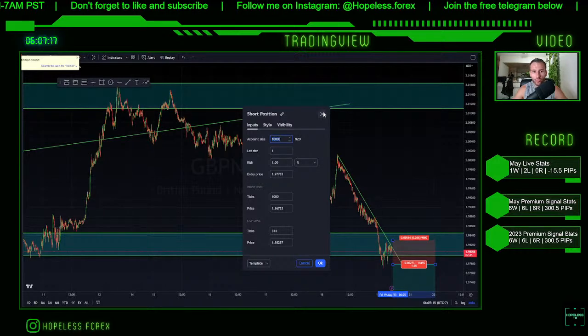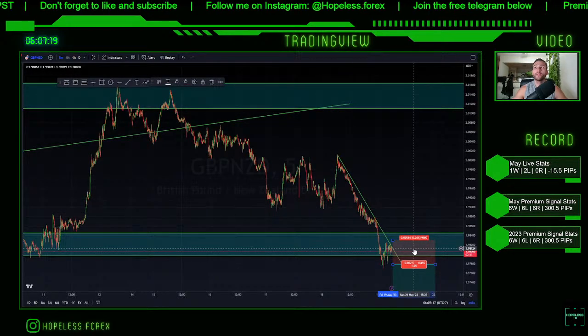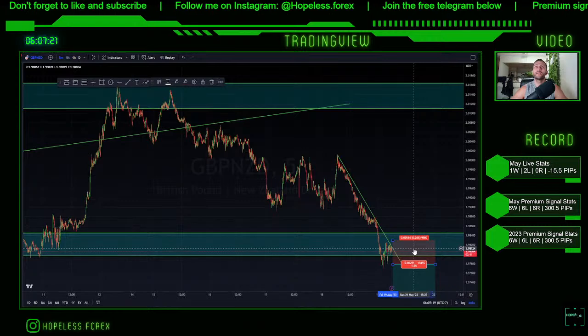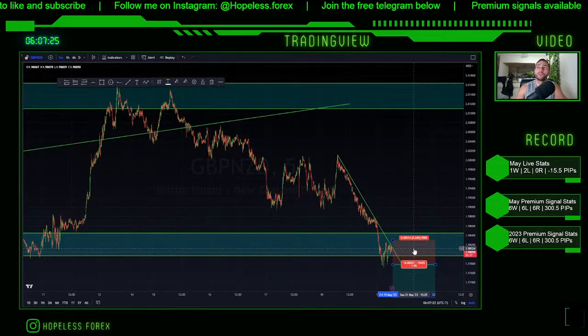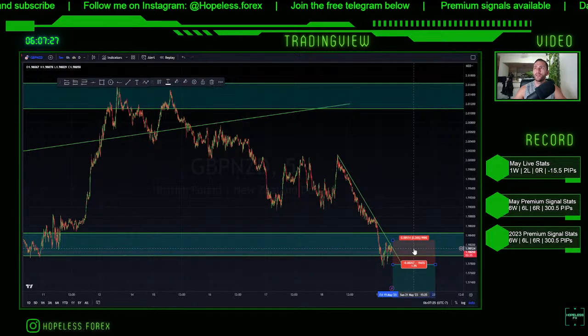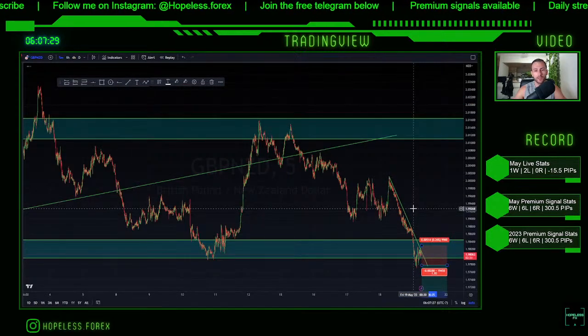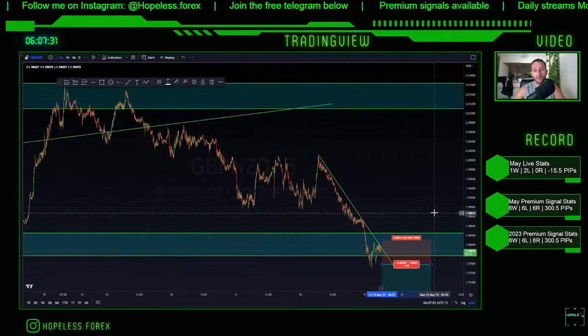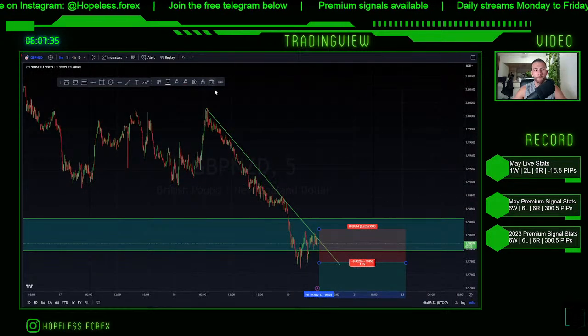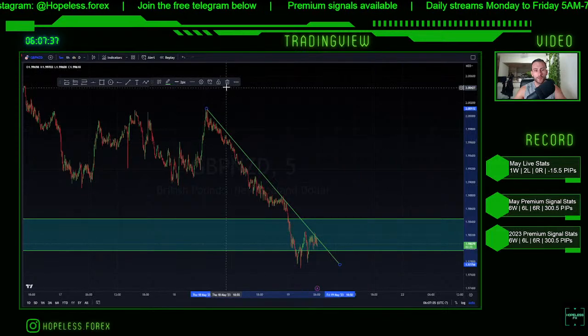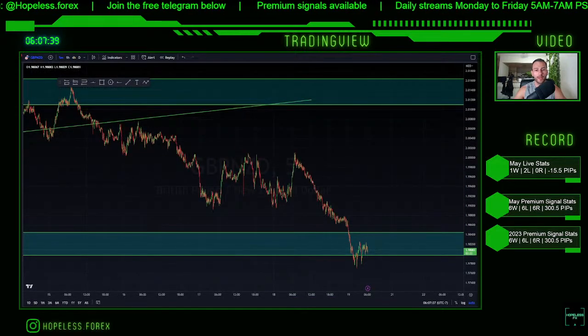That's about 30 pips away. Do I really think GBPNZD is going to drop 130 pips over the next little while? 130? Yeah, 130 pips. I wouldn't be super keen on that happening. So, get rid of that.